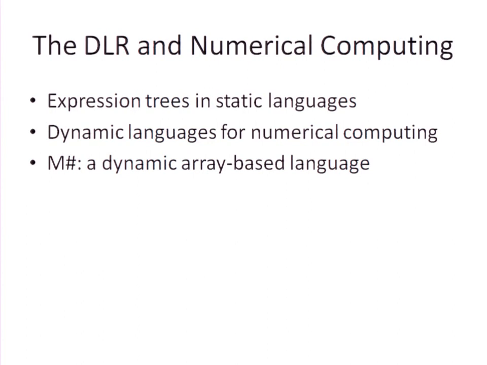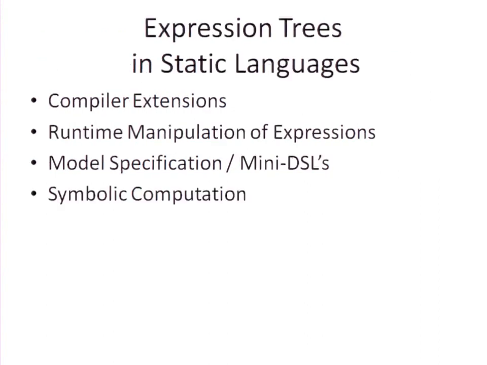Secondly, I want to talk a little bit about dynamic languages that already exist for numerical computing, and then introduce M#, which is a language we wrote on the DLR, which is array-based, and I'll give a brief demo of that and show some benchmarks.